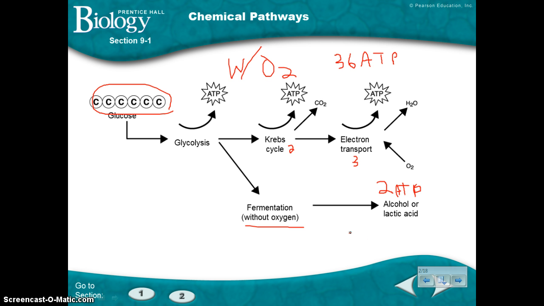So it's not as efficient, but sometimes it's necessary for the body to go that route. So when I'm doing exercise slow enough, like walking, and I have enough oxygen, I'm going to follow this pathway on the top. And if I'm doing something like sprinting for a long period of time, the energy production pathway will be down here.